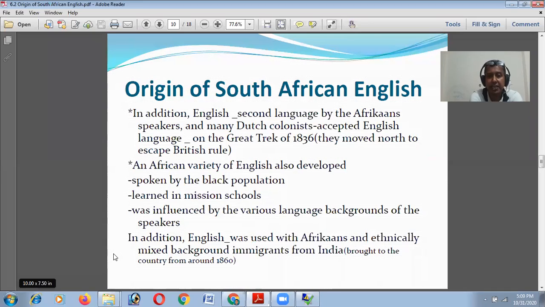In addition, English was used with Africans and ethnically mixed immigrants from India. In mission schools, and also among the Indian immigrants who went to South Africa, they use the English language, and that is British standard English.